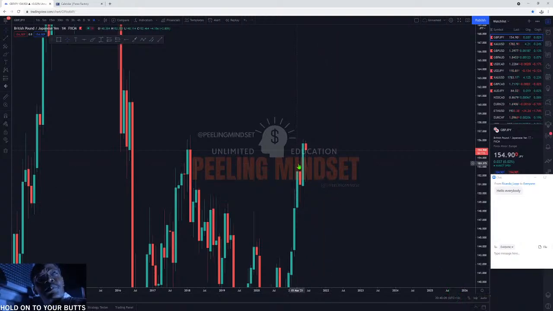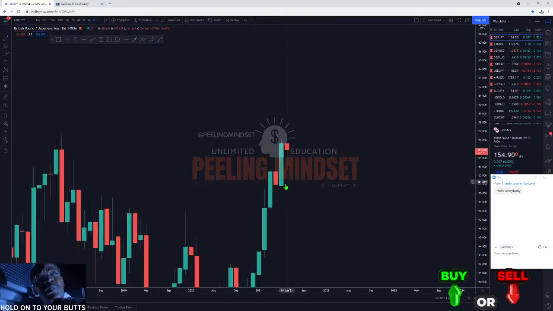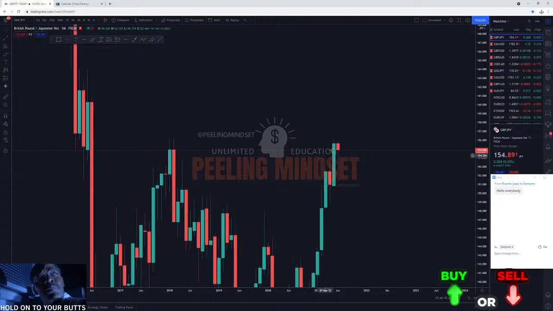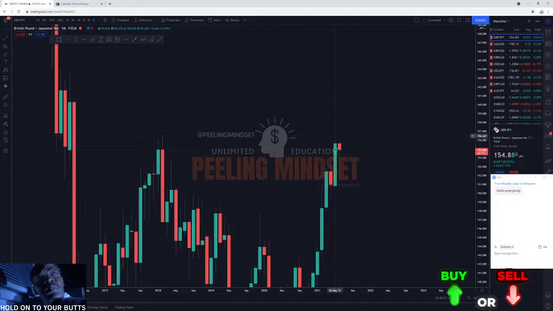Look at this: the monthly candle, looking at its recent price action, has rejected the support pretty hard. It's very logical to expect this monthly candle to flip bullish. If it starts flipping bullish, all of this liquidity on the downside could result in pound yen pushing up. That could be a fair bit of chance.